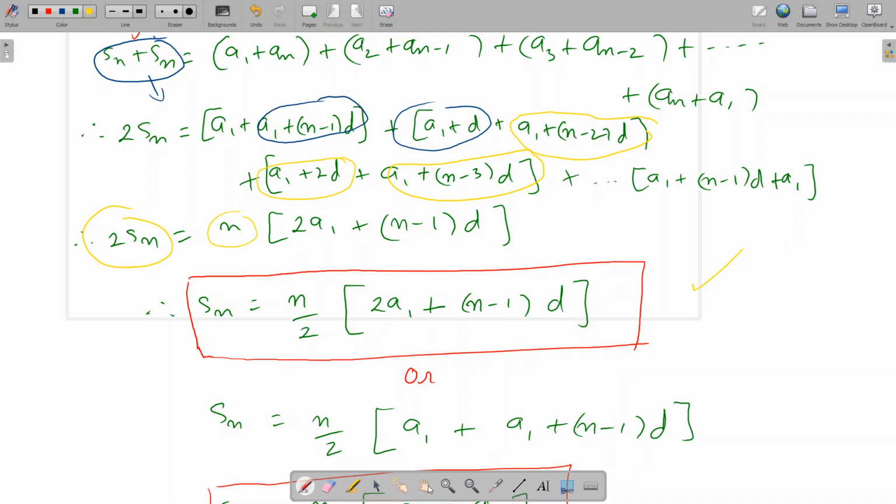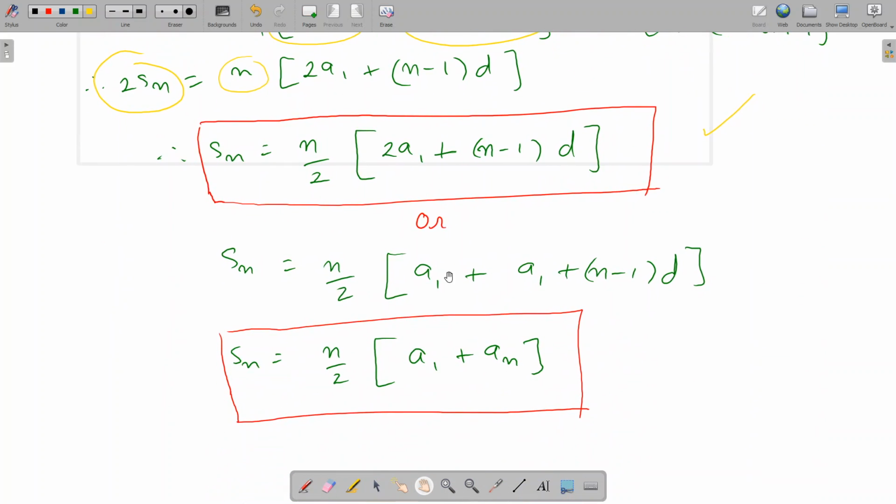Also, there is another way of writing this formula. What is that? Sn equal to n by 2. We can break 2a1 as a1 plus a1 and regroup that a1 with n minus 1 into d. So this whole part will become a1 plus n minus 1 into d, and we know that is equal to an. So we can also write it as Sn equal to n by 2 into a1 plus an.